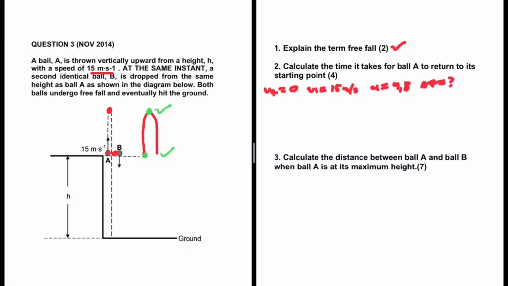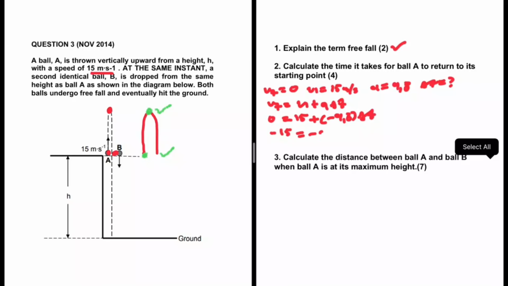With these four variables, the equation we need to use is Vf equals Vi plus a delta t, of which Vf is 0. Vi is positive 15 if we take up as positive, plus the acceleration, minus 9.8, multiplied by delta t. So we have minus 15 being equal to minus 9.8 delta t. We just need to divide both sides by minus 9.8.